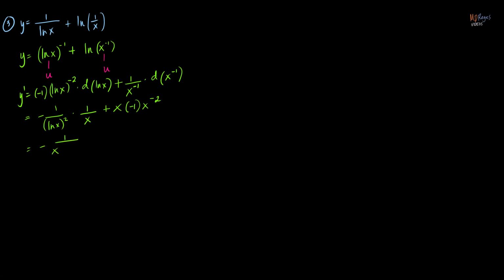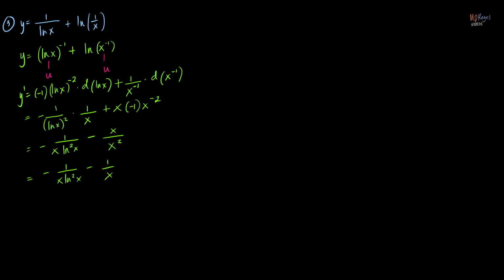We can write ln of x squared as ln of x, that's squaring the whole expression ln of x, minus x over x squared. Alright, so x over x squared when simplified is 1 over x. Ln of x squared minus 1 over x.